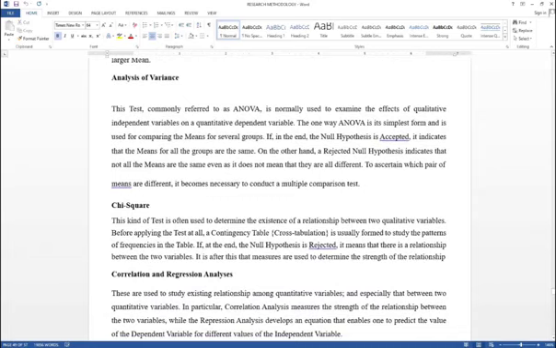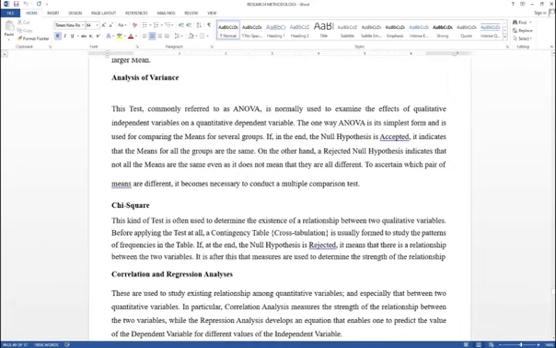Before applying the test at all, a contingency table, a cross tabulation, is usually formed to study the patterns of frequencies in the table. So you need to study the patterns. If at the end the null hypothesis is rejected, it means that there is a relationship between the variables.